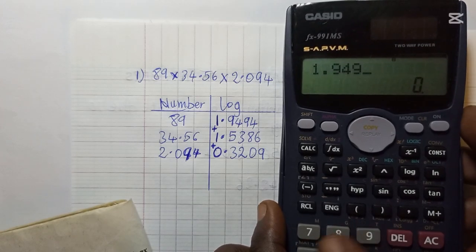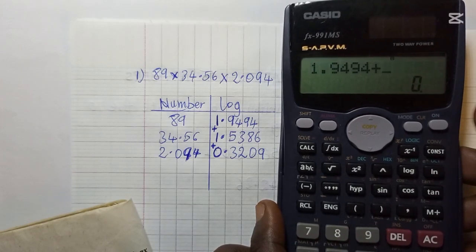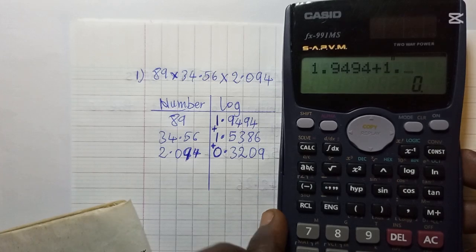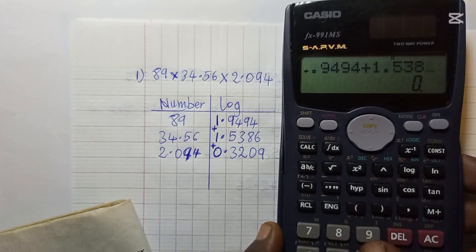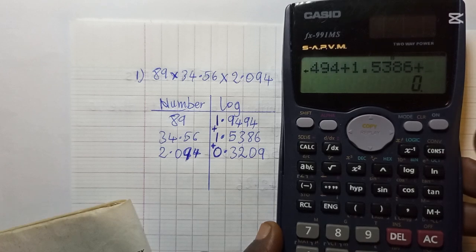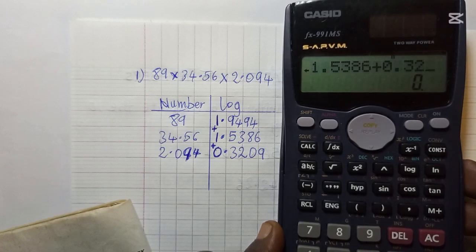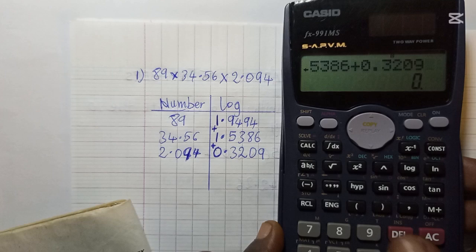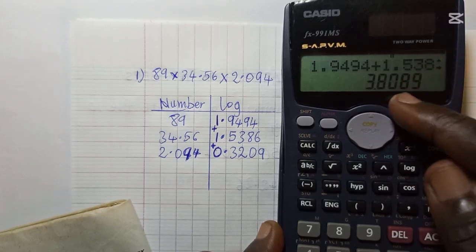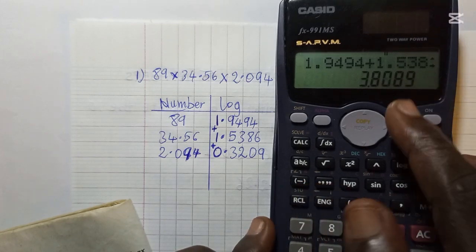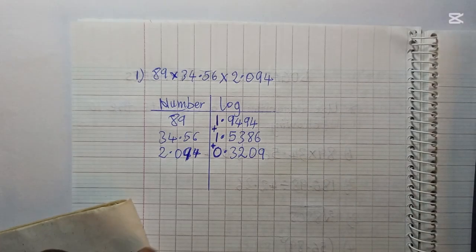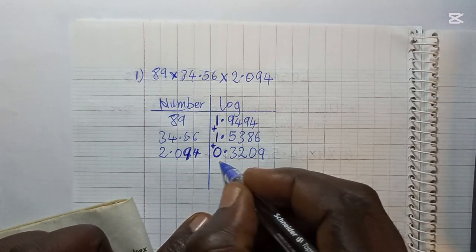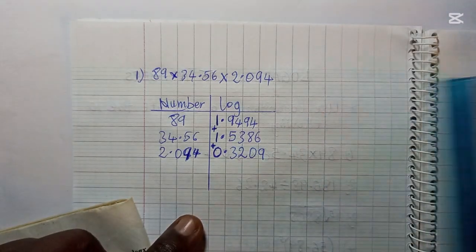We'll do 1.9494 plus 1.5386 plus 0.3209. That will give us 3.8089. So I'm going to record it there.